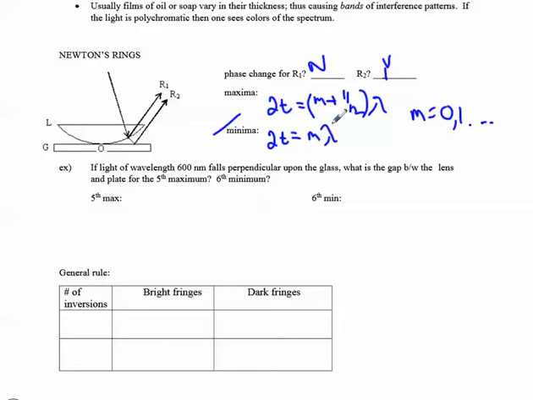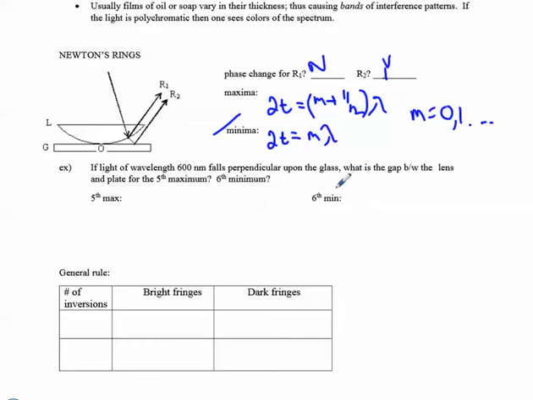Because of the inversion, the path difference is 0, and 0 corresponds to an integer, and that corresponds to a minimum. So what we'd expect to see is dark, bright, and so on and so forth as the gap gets greater and greater. This will allow us then to work out when the 5th max and 6th minimum occur.